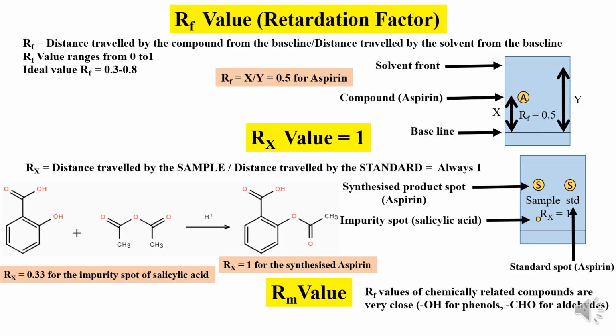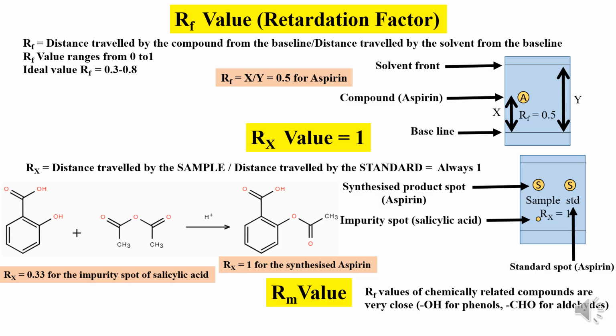In case of aldehydes, you find the functional group CHO. Say for example, you are given three compounds, orthocresol, metacresol and paracresol. The molecular weight and the molecular composition of all three compounds is one and the same. The only difference is the position of the OH group on the aromatic ring.